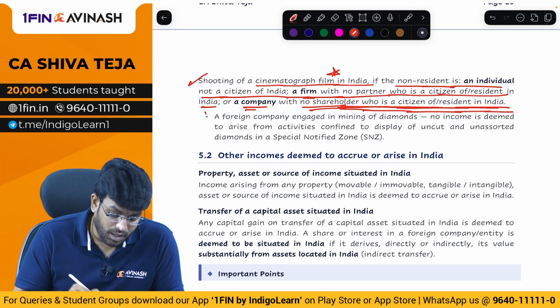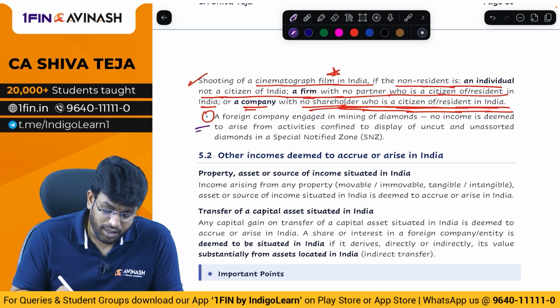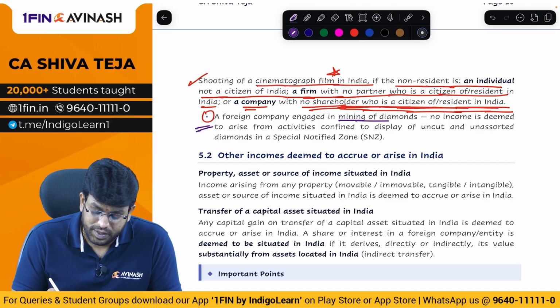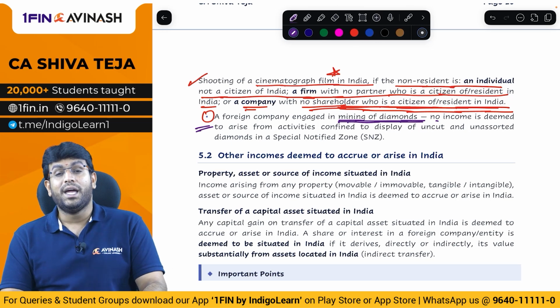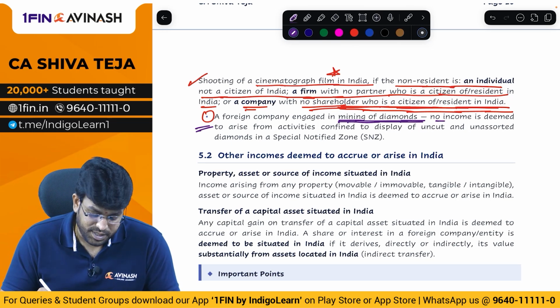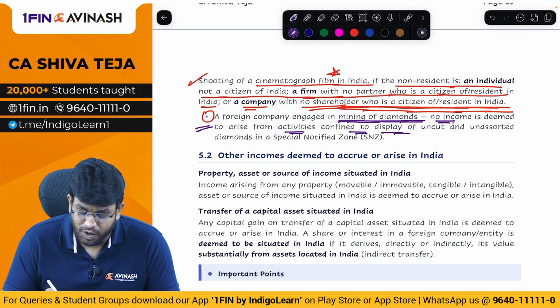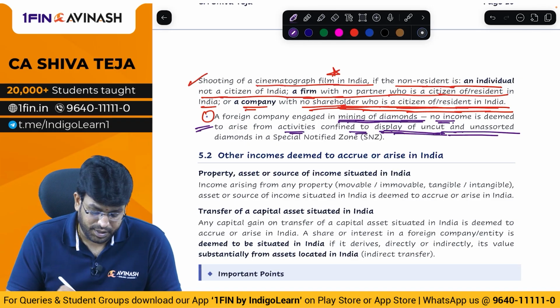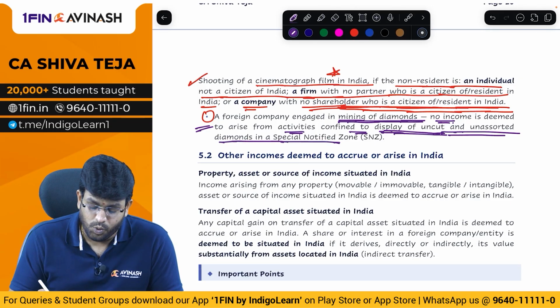Next point. A foreign company engaged in mining of diamonds. I repeat the line. A foreign company engaged in what, friends? Mining of diamonds. No income is deemed to arise from activities confined to display of uncut and unassorted diamonds in a special notified zone.